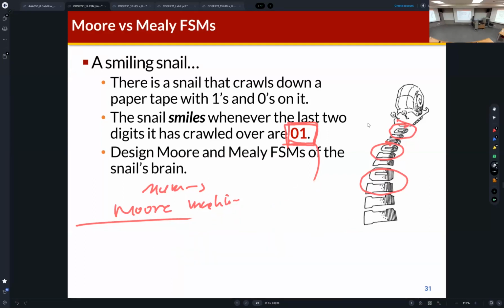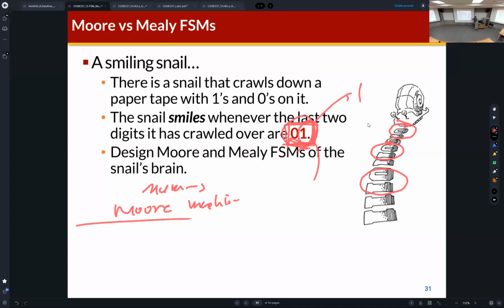When we define the Mealy FSM, the output is determined by current state and input. So if we see this sequence, what is the current input? The current input is 1.